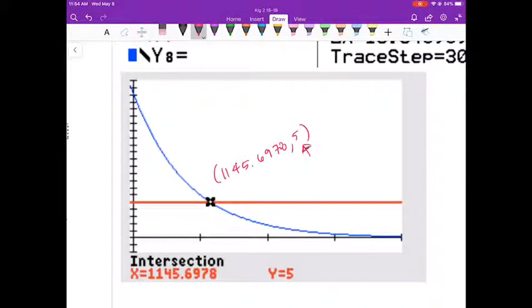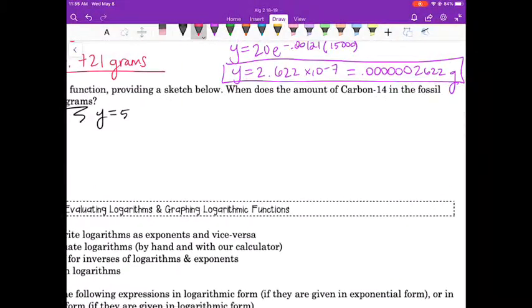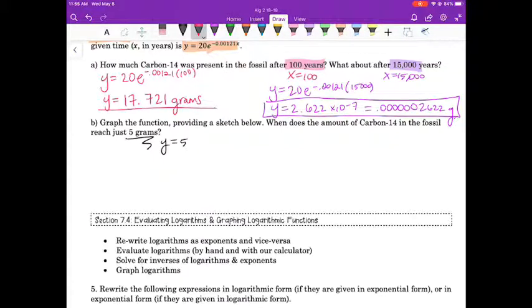So we knew the y-coordinate would be 5, and that's why we want to use our second trace feature. And then this gives us our time in years. So we'd provide a sketch below and make sure to include your windows. Our final answer then would be after 1145.7-ish years.